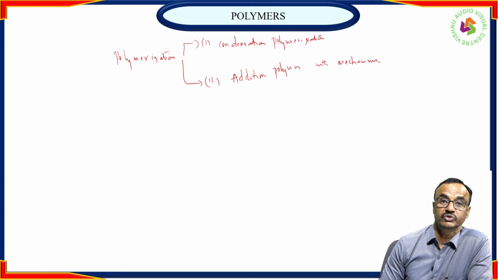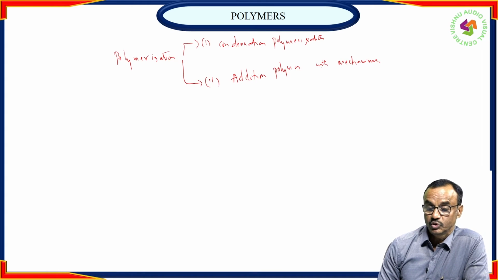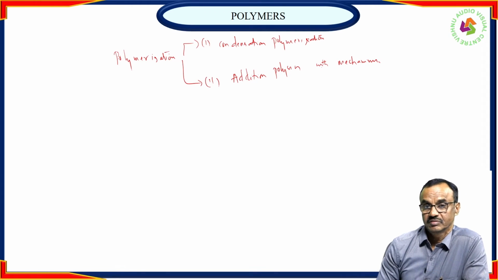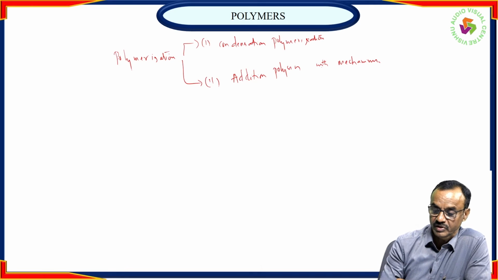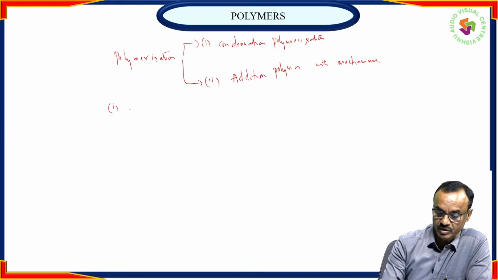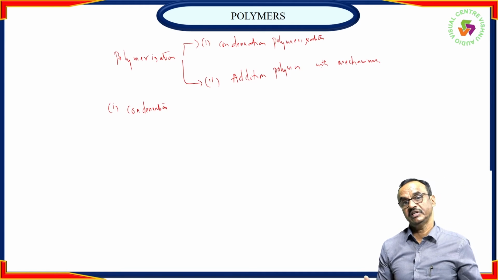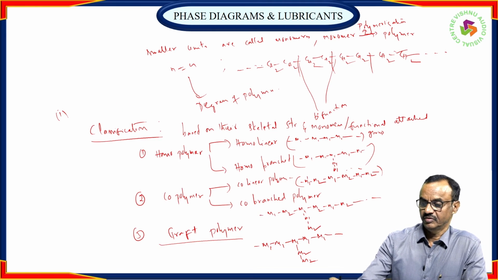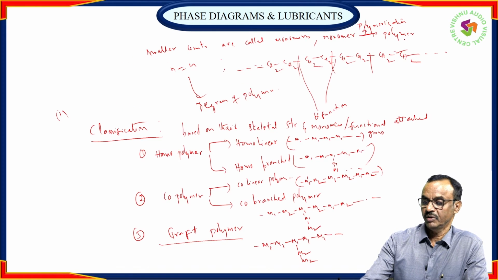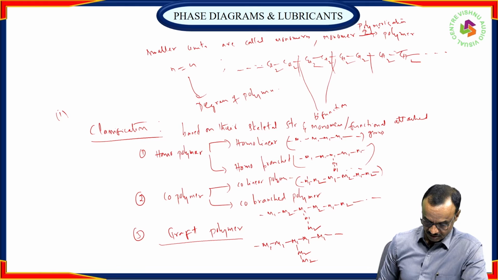So in the R22 syllabus, you have only two subtopics in polymerization. First one, condensation polymerization. So what is polymerization? We already discussed. The process of converting monomers into polymer is known as polymerization.